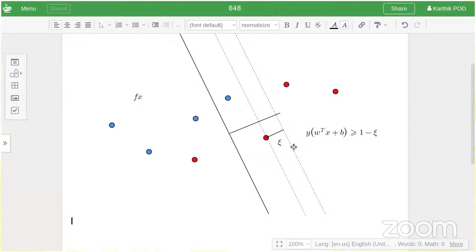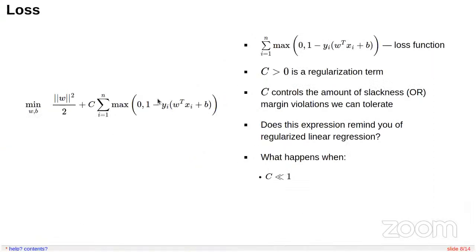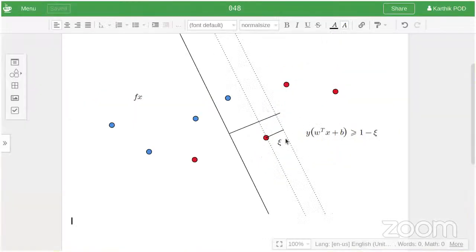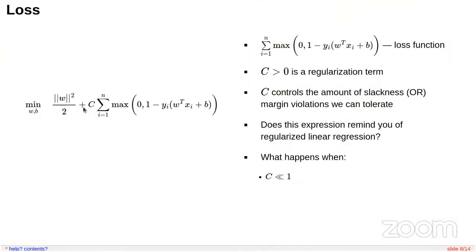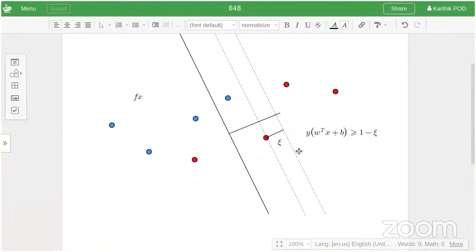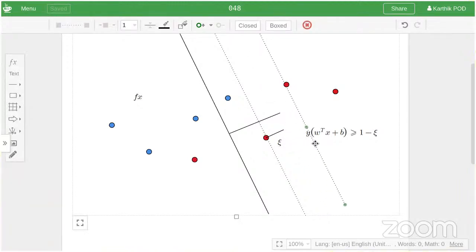So when C is very small, what is going to happen? You are basically saying it's okay, I can tolerate a lot of slack. Even if you make a lot of errors, I'm fine with it. So I am actually encouraging my solver to increase the margin as much as it can. Right? That is what is happening.